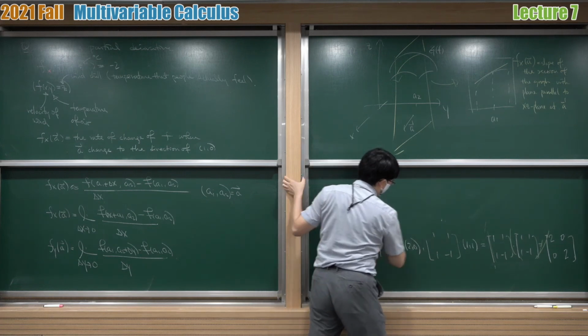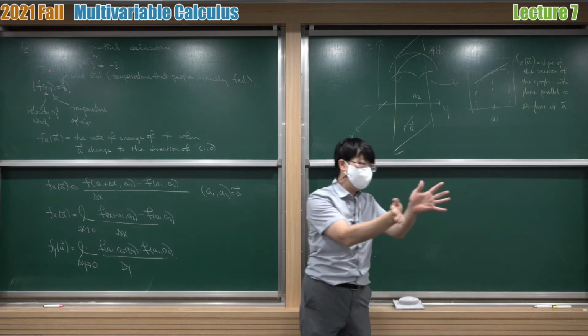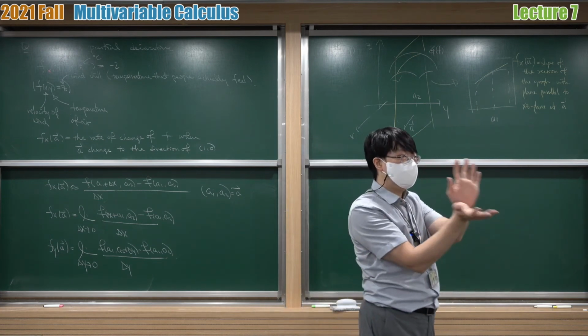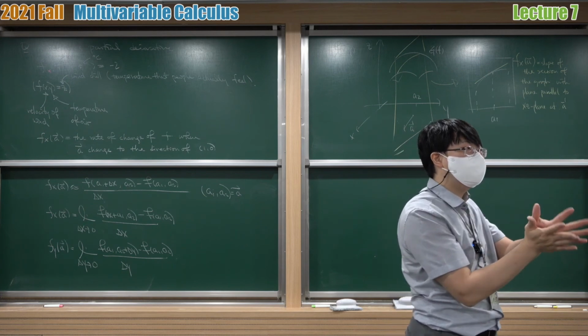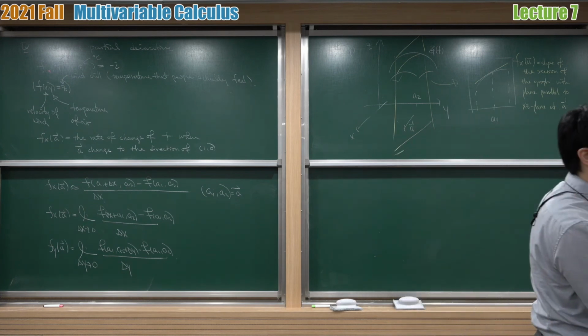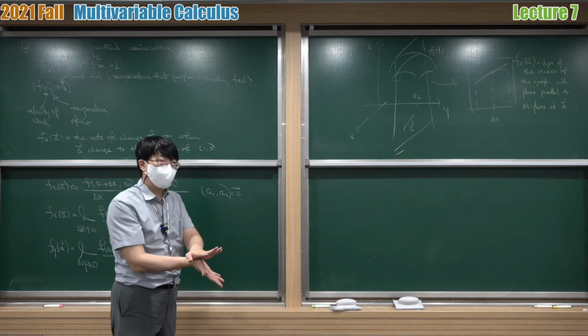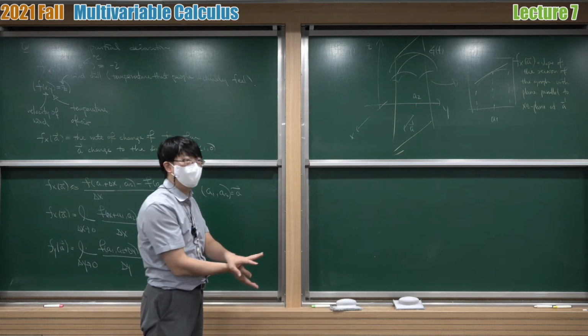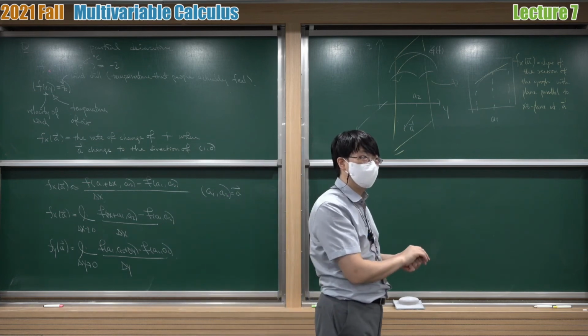Now, I have another question. The partial derivative gives you the rate of change when you move your point in the x or y direction. What if you want to move in x and y at the same time? What if you're moving in the (1, 1) direction at a certain point? How would you compute the rate of change of that function?